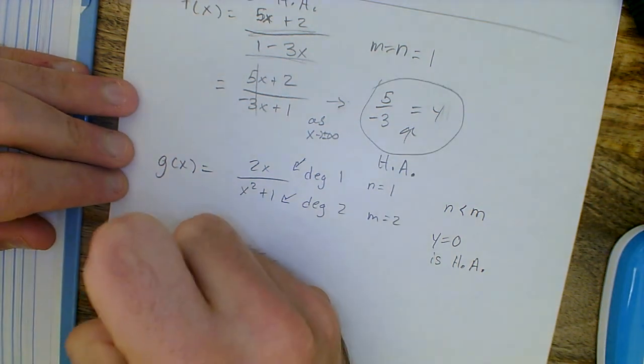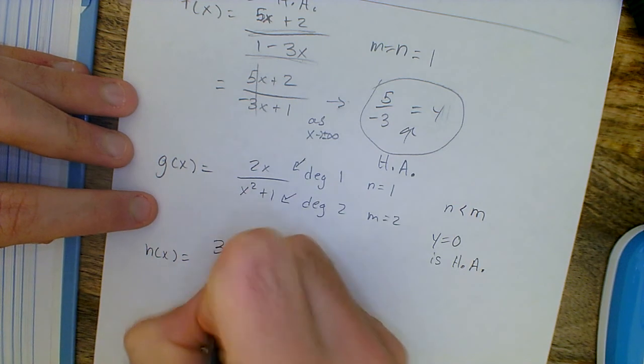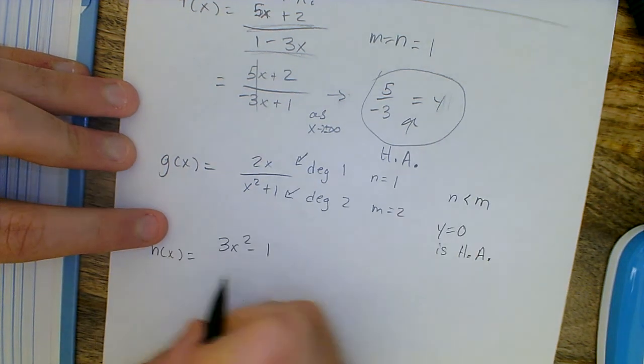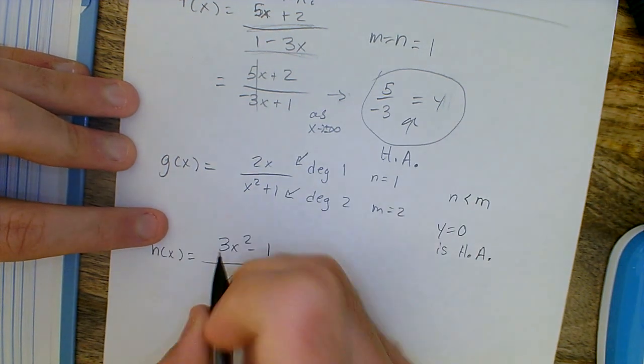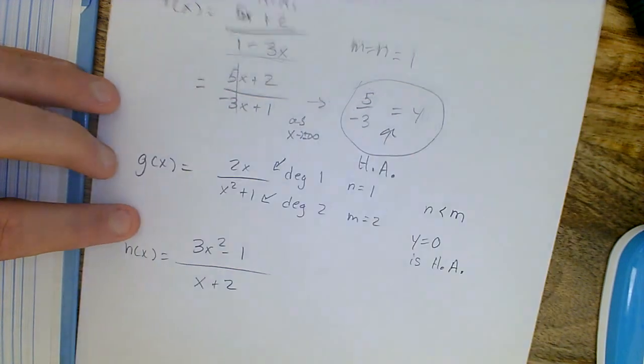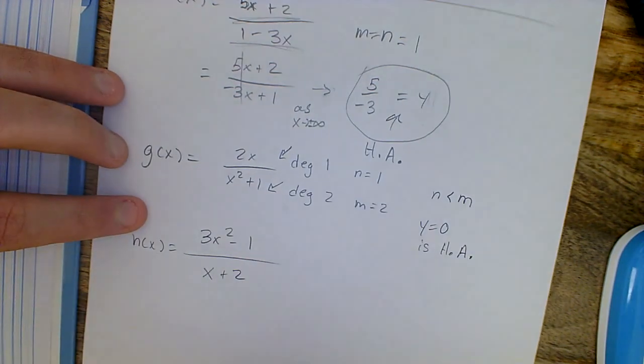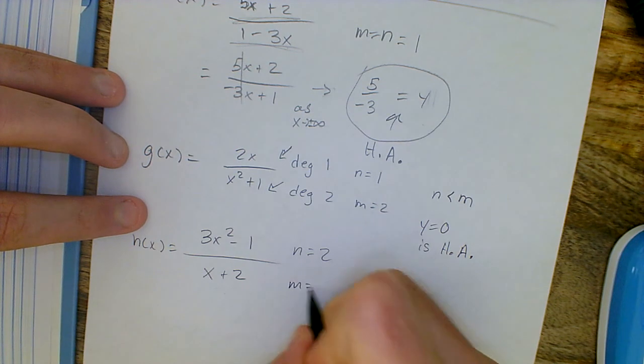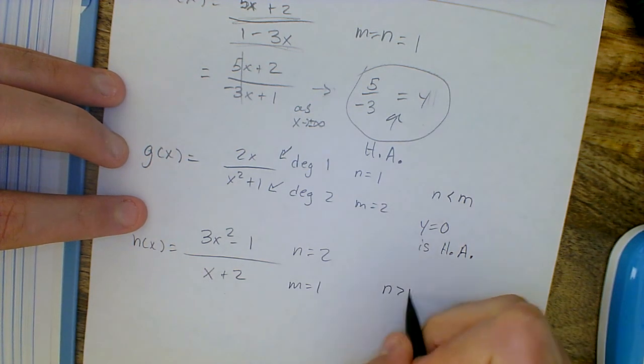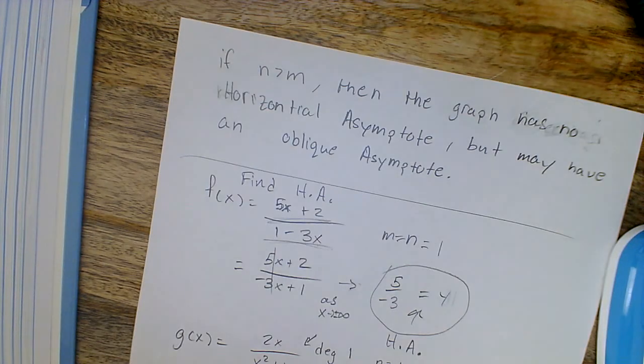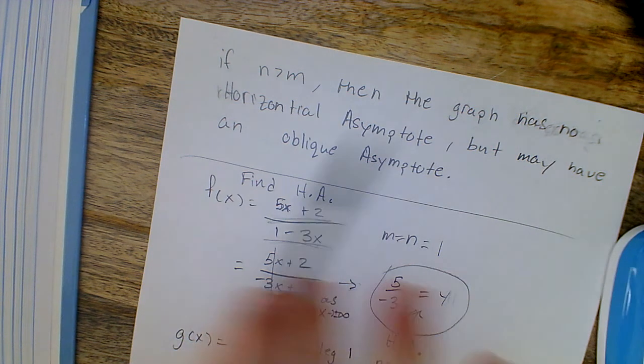Okay, so finally, let's do one with the third case. So h of x is equal to (3x squared minus 1) divided by (x plus 2). So 3x squared minus 1, n equals 2, the degree of the numerator equals 2, the degree of the denominator equals 1, so n is greater than m.